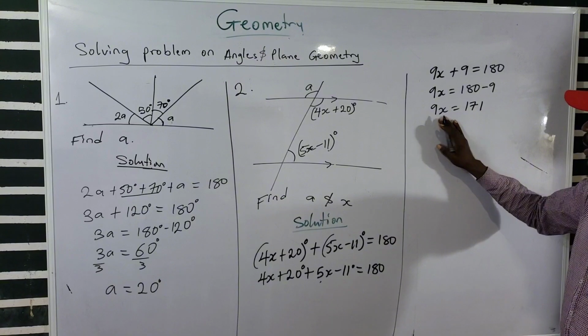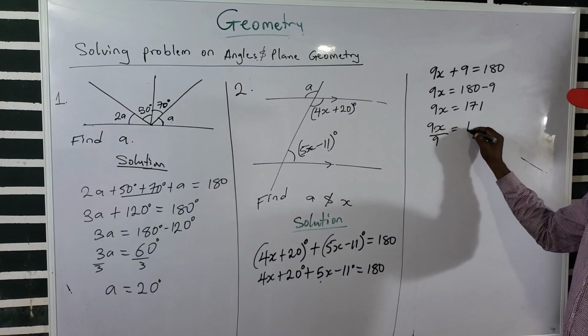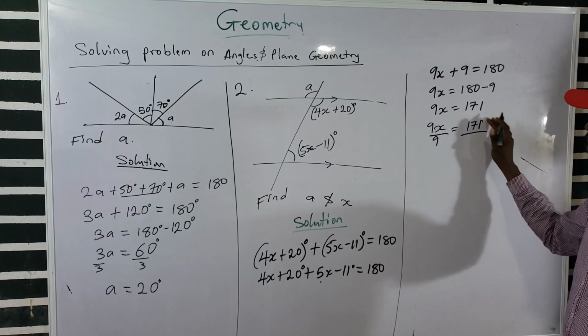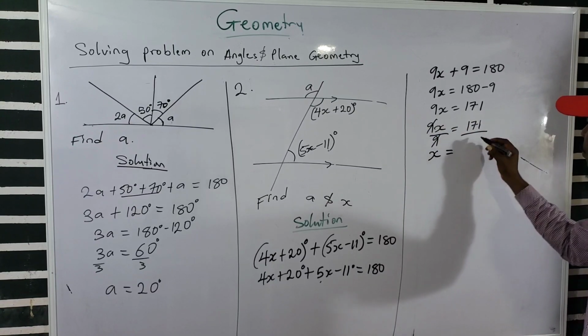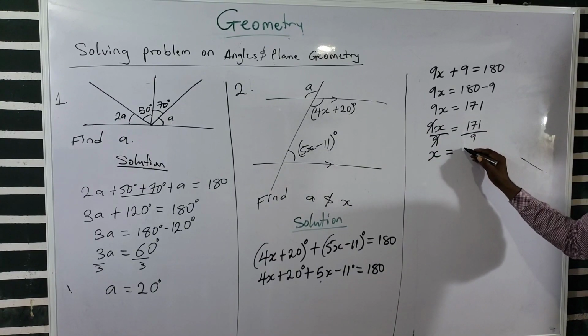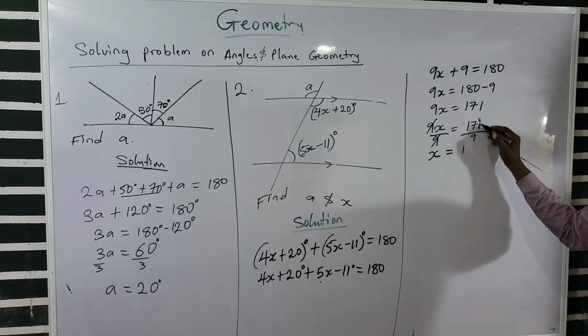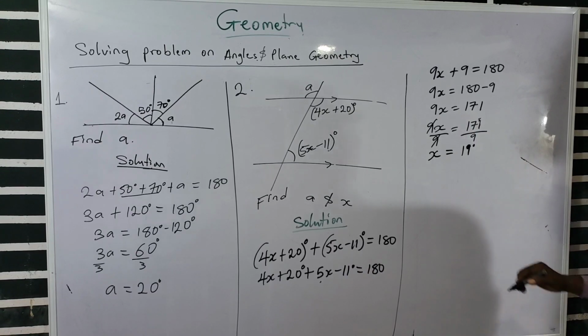So to find my x, I have to divide both sides by 9. So I'll have x equal to 9 in 17, that will give me 1 remainder 8. 9 in 81 will give me 9. So that will give me 19 degrees.